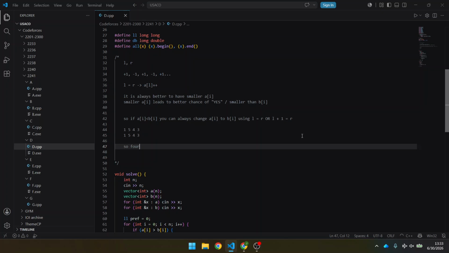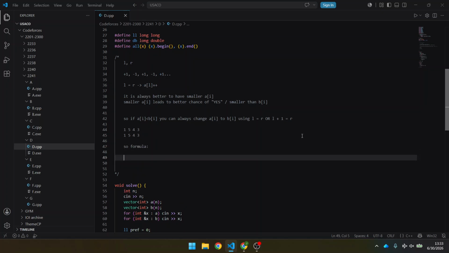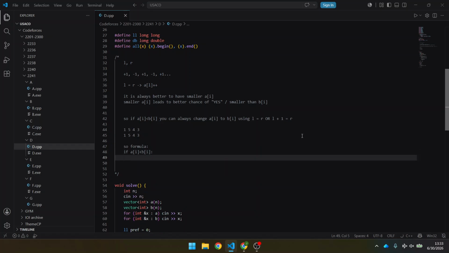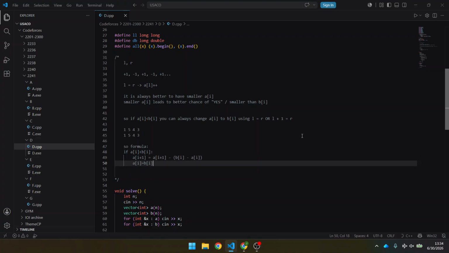So now we have the formula. Let's just write pseudocode. If AI is smaller than BI, AI can change to BI. So AI plus 1 minus equals BI minus AI. And AI can be changed to BI, but you don't really need this.